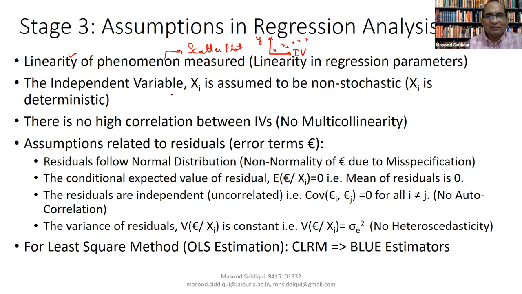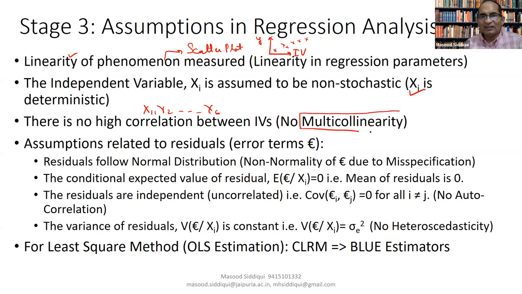The second assumption is that the independent variable is deterministic in nature, so all xi's are independent. Next, there should not be high correlation between independent variables, meaning x1, x2, x6 should not be highly correlated. Otherwise, there is a problem of multicollinearity, which we will discuss in detail.